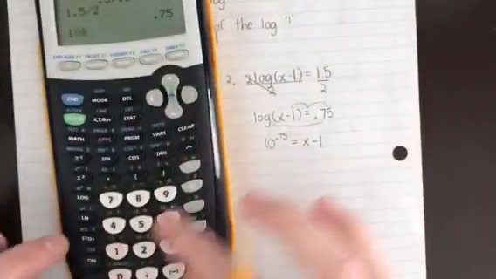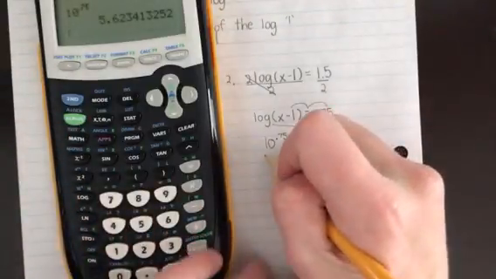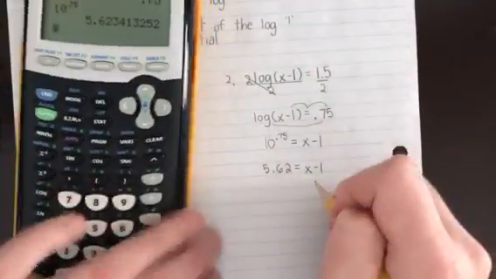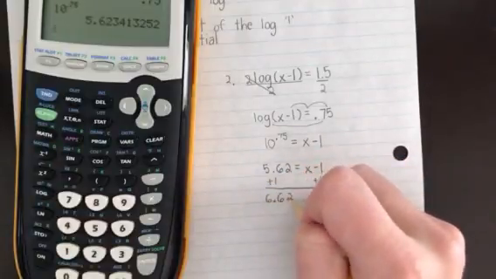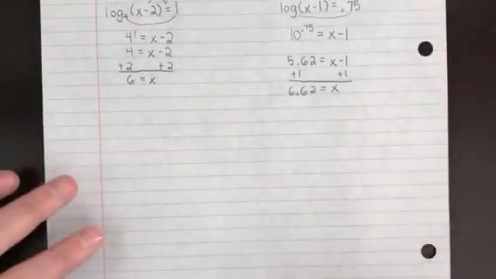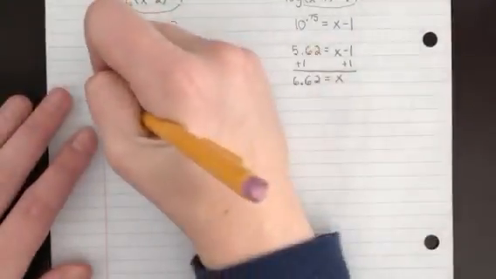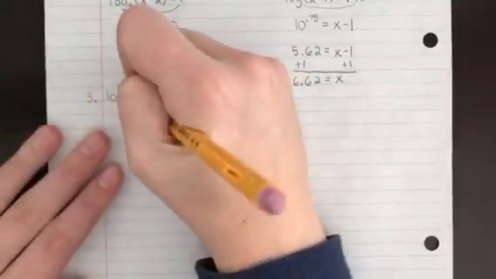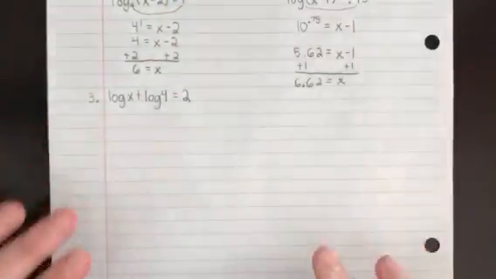Okay, so 10 to the 0.75 is approximately 5.62 equals x minus 1. Add 1 to both sides, I get 6.62 equals x. Okay, now let's look at 2 more examples where you are in fact going to have to condense to a single log. So log of x plus log of 4 equals 2.